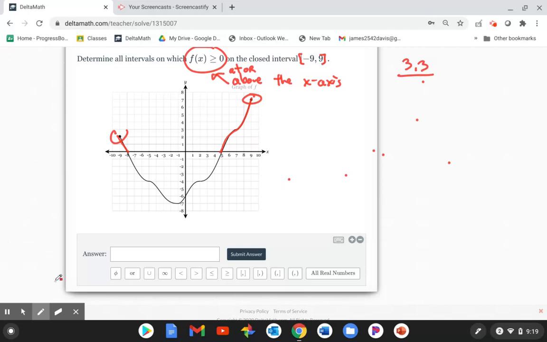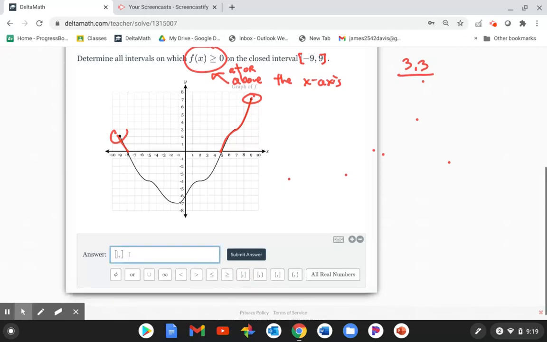So for this problem, we're going to be just writing out this interval here, and it's going to be from -9 to -8. So we're going to use a closed interval, -9 to -8. And then we use this union symbol to symbolize that there's another interval.